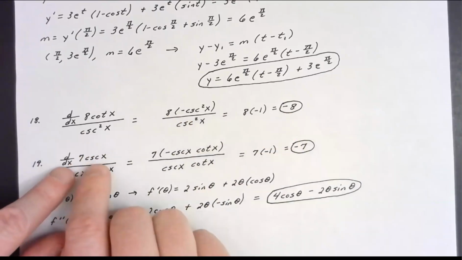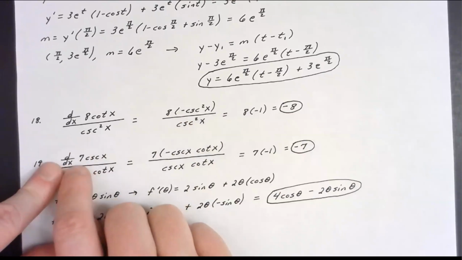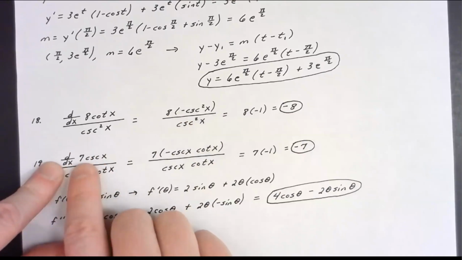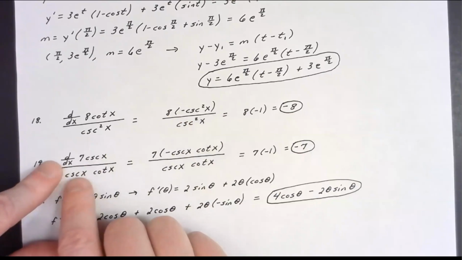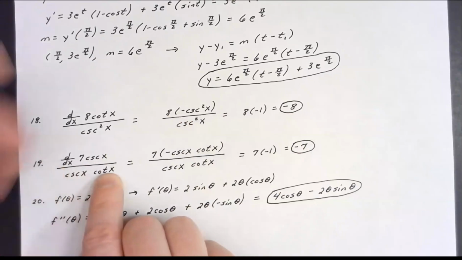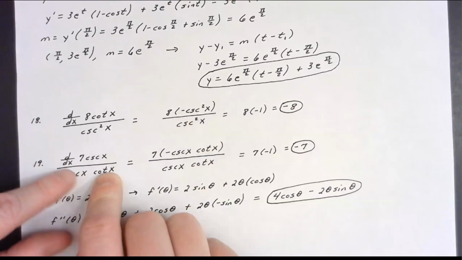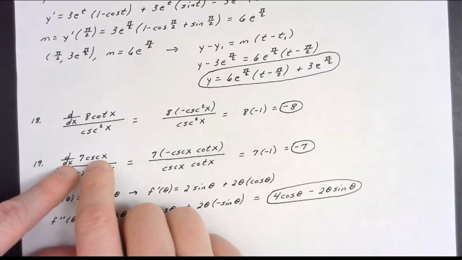For the next one here, it's asking me to take the derivative with respect to x of 7 cosecant x, take that answer and divide it by cosecant cotangent. This is very similar to the last problem because you're supposed to remember, well, I know that the derivative of cosecant is negative cosecant cotangent.